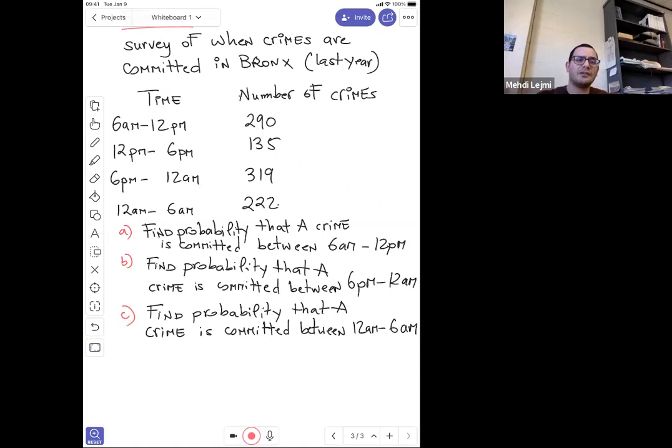You count how many times the event occurred, right? So 290, that's the top. But then you need to divide by the size of the sample. So you have 290 crimes out of how many crimes? The denominator would be the total number of crimes. So then you need to add all the crimes here.